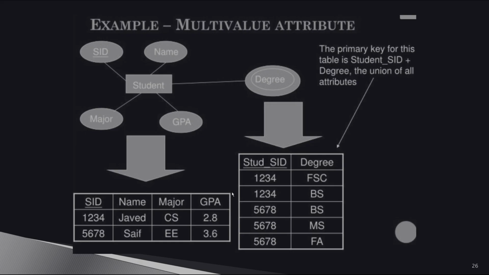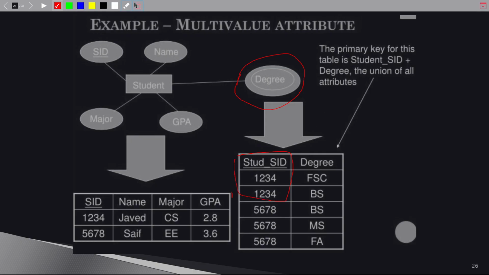And again, there is no column here saying explicitly the student's degree. Instead, we're gonna look at the degree table and check which entries have the student ID equal to, let's say, 1, 2, 3, 4. Okay.